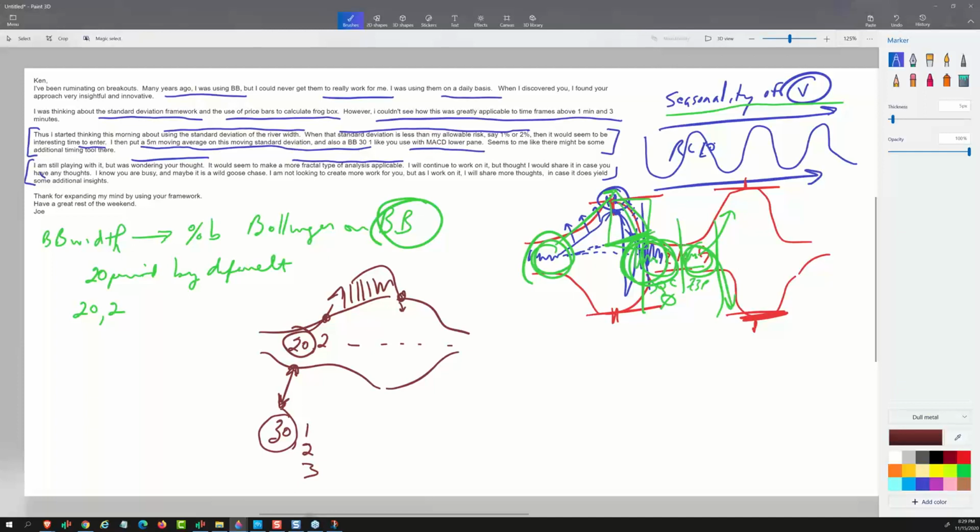And so the way I do it has that BB mean in the middle, which we know is a Z-score of 0. And then these outer envelopes at Z minus 3 to Z plus 3.